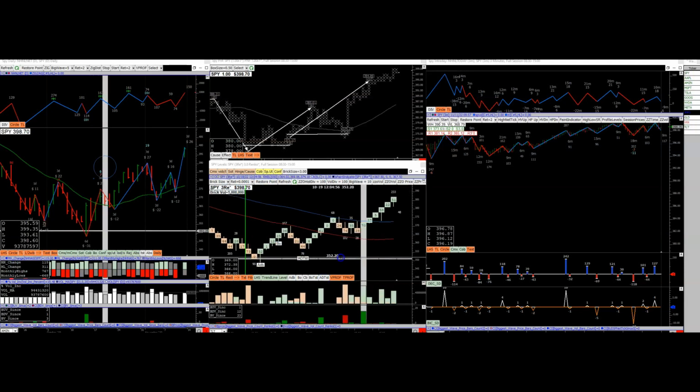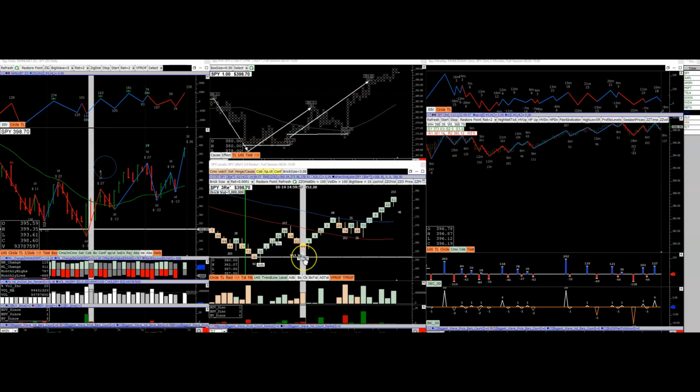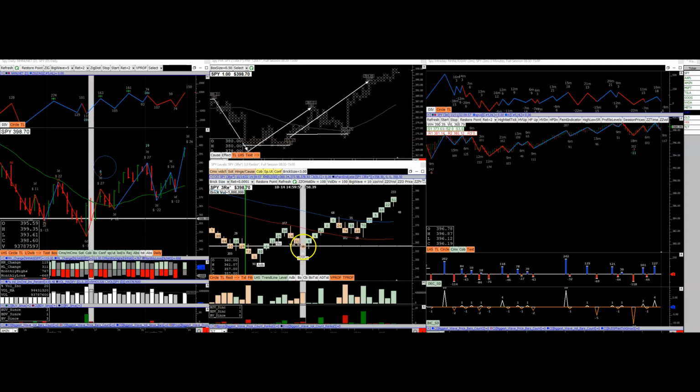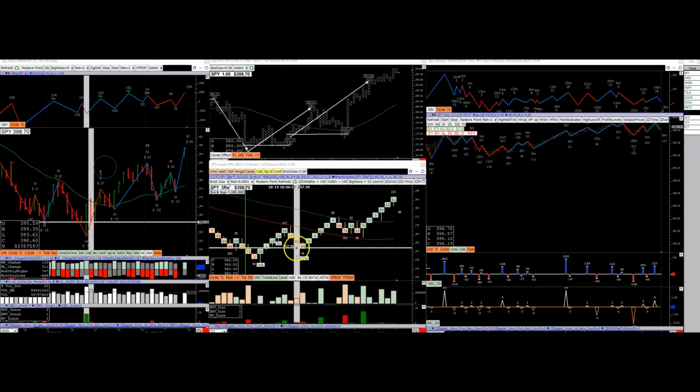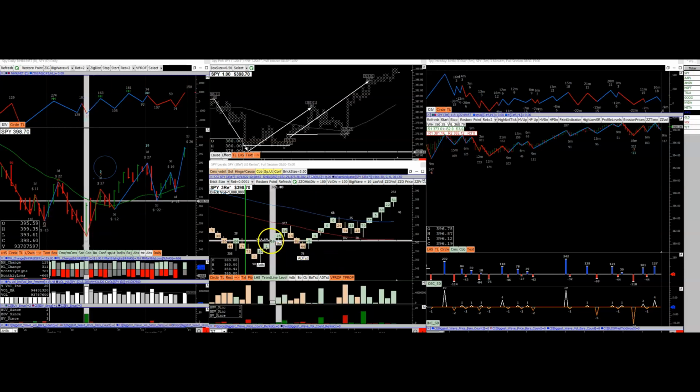Now let's try this one more time. Not all of them will be apparent, so you have to use your judgment here. Like here, you don't see an accumulation brick because in the test of the accumulation brick on the way down, there was accumulation. How do you know? Look at this. It has 44 million volume, bigger than all of the bricks.